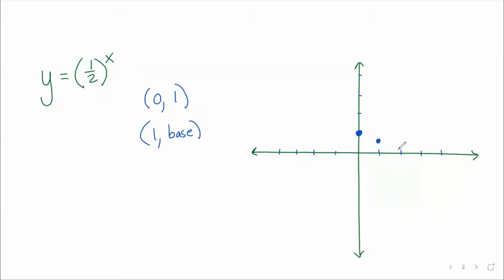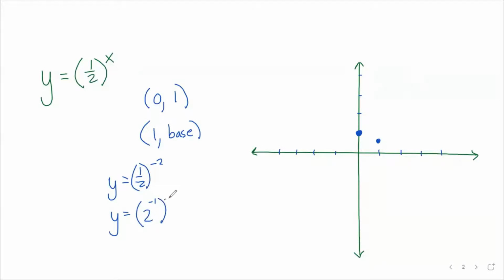So we can make a prediction about what's going to happen here. But just to make sure, let's put in a couple more points. Let's do x equals -2. 1/2 to the -2. There's a long way and a short way to do this, but let me write it this way. I'll be a little clever about this.